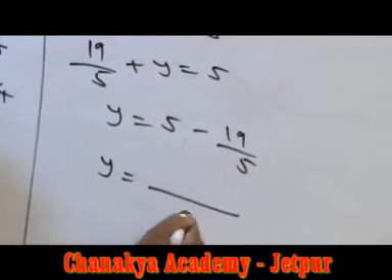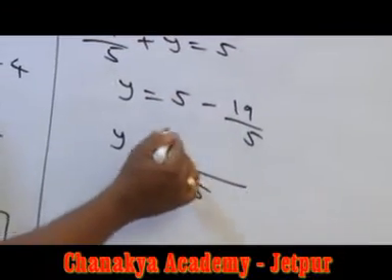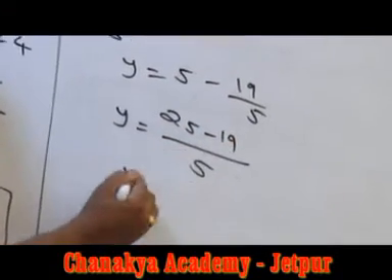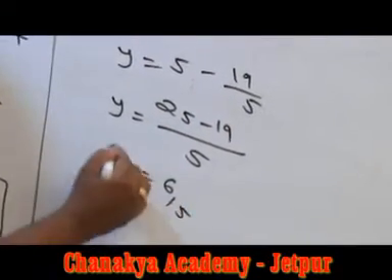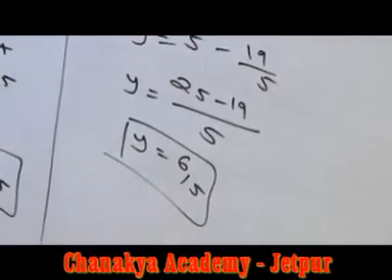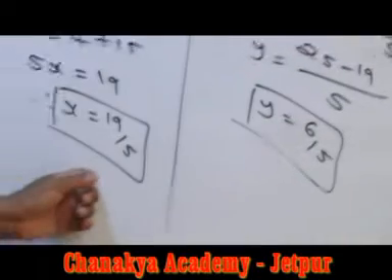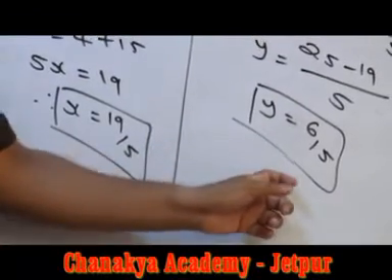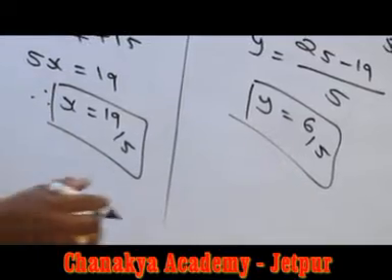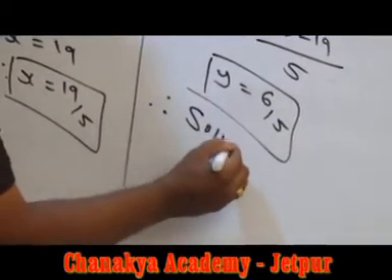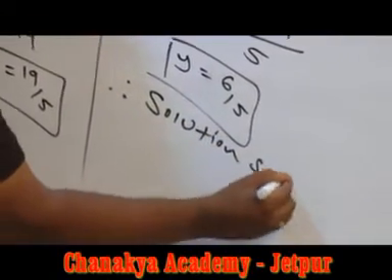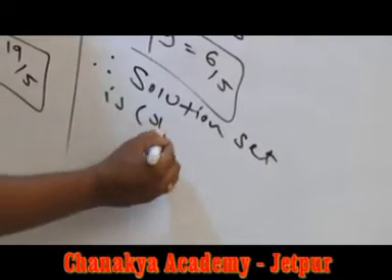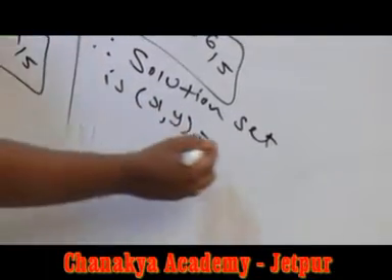Taking LCM, 5 into 5 is 25 minus 19, y equal to 6 by 5. We have achieved x equal to 19 by 5 and y equal to 6 by 5. Therefore, solution set is x comma y equal to 19 by 5.